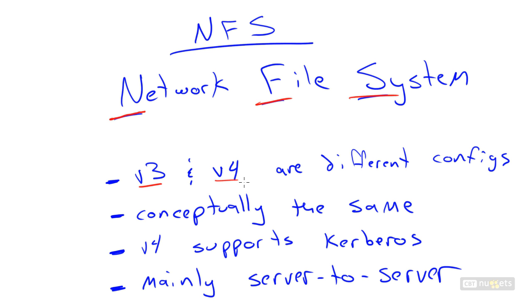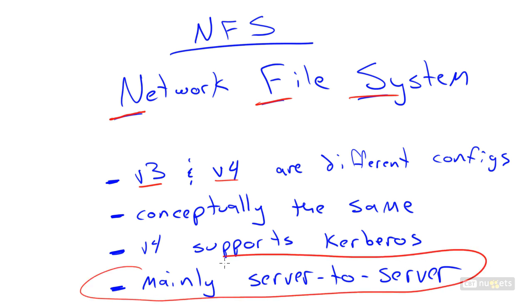But conceptually, they work the same. Basically, it's the way that you share from one Linux server to another. Usually, it can be used from Linux to OS X. I don't think, actually, Windows may support NFS now. That's possible. But generally, it's Linux to Linux or Unix to Linux, mounting different shared folders over NFS so that it acts like a local file system.